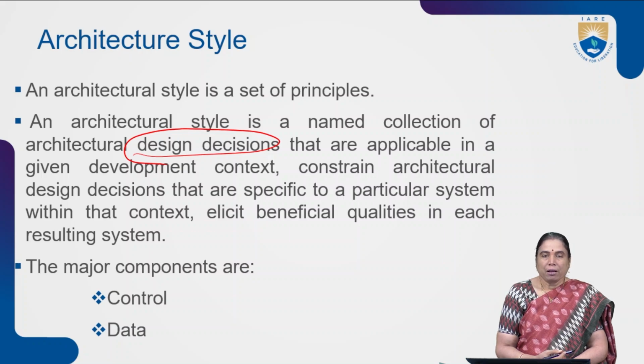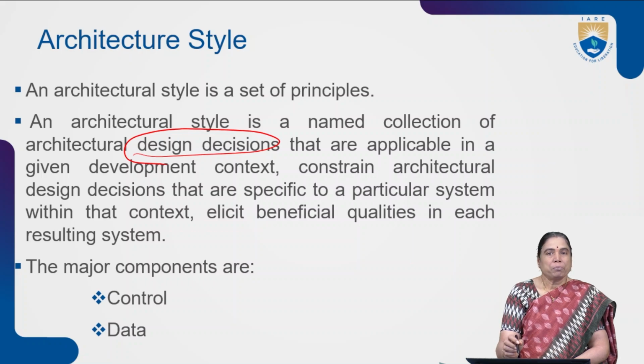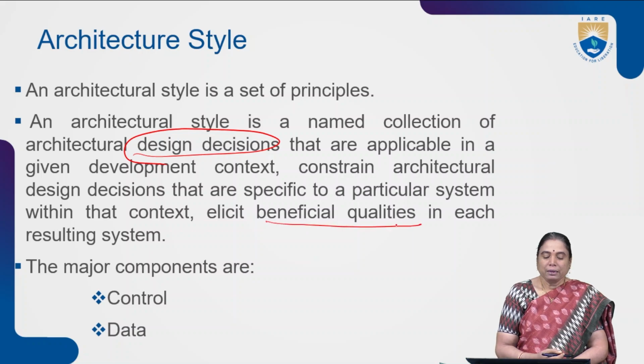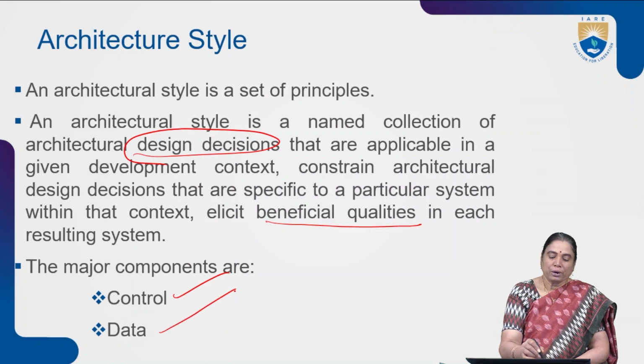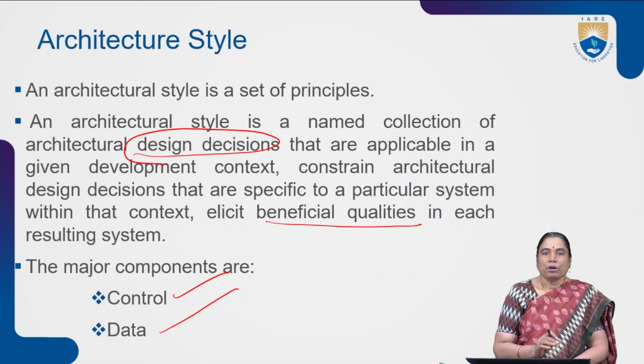These constrain architectural design decisions that are specific to a particular system within the context, and elicit beneficial qualities in each resulting system. So, the major concerns in the architectural style are how to control the components and what data the components can operate on. Thereby, the data design occupies major concentration during the development of the project.